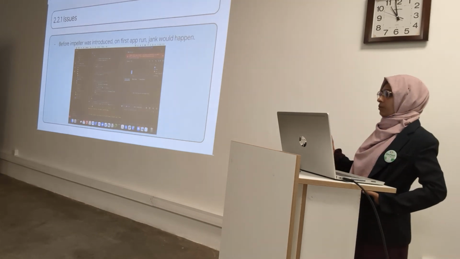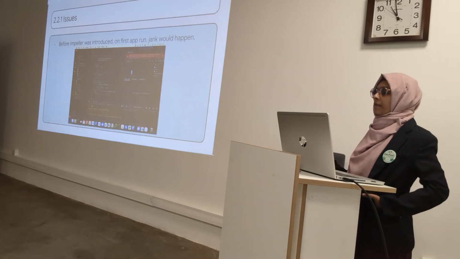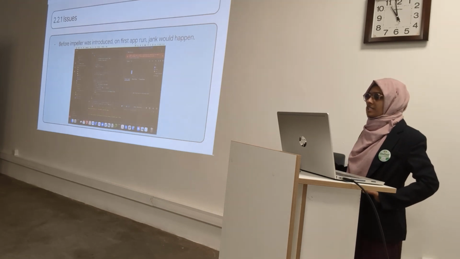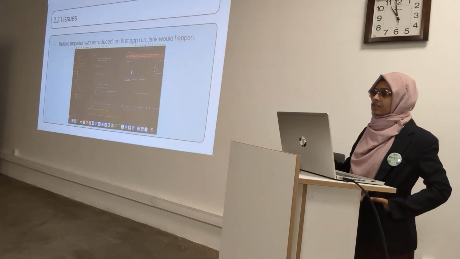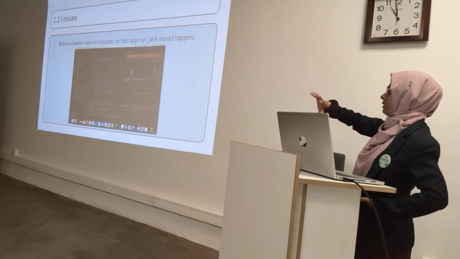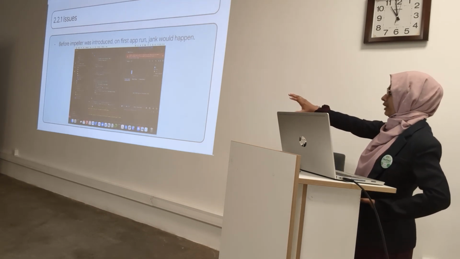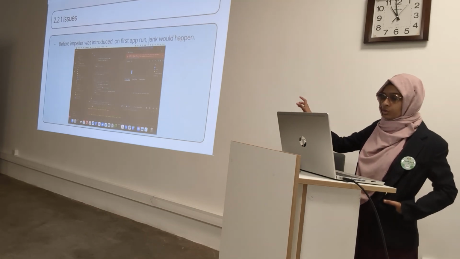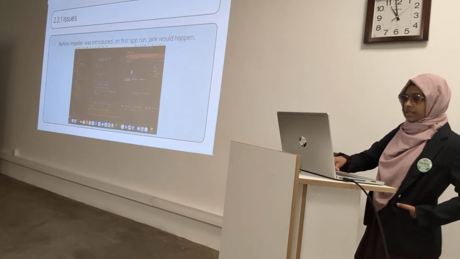Now, how is that a problem? Usually, your frame has to load within 1/16th of a second, meaning 16 milliseconds. So whenever it takes more than that, it's going to cause some jank compilation problem, meaning it's taking too much time to load on your screen.